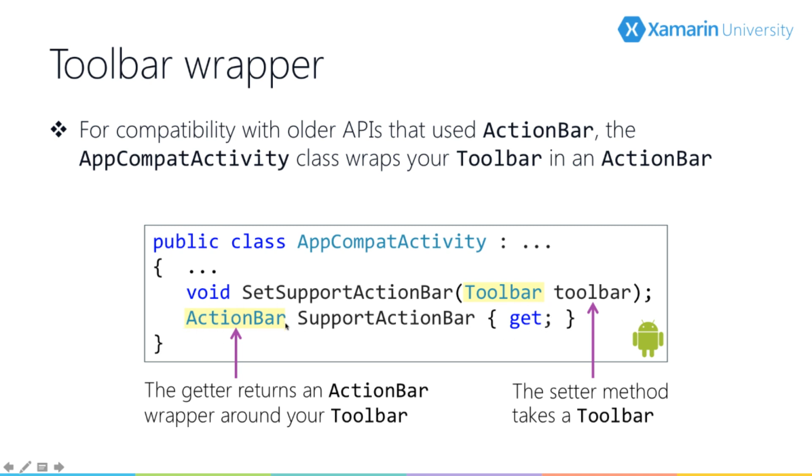So this is an action bar wrapper around the toolbar. So if you call set support action bar and pass your toolbar here, and then you use this property, you'll get back that same toolbar, but it will be one level in. It'll be wrapped inside an action bar object. And that's just for compatibility with other APIs, like older APIs that were written before toolbar existed, when app bar was implemented using action bar.